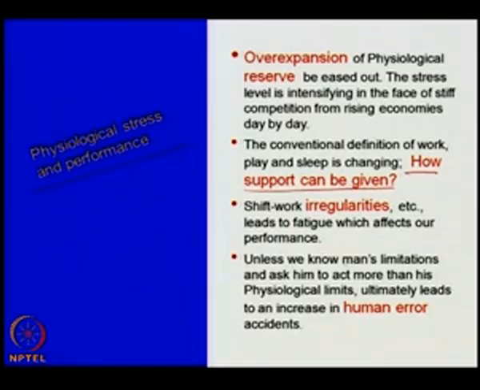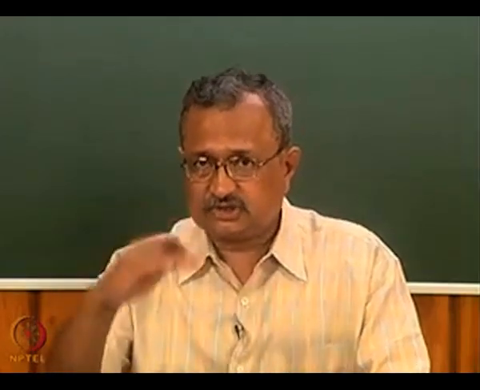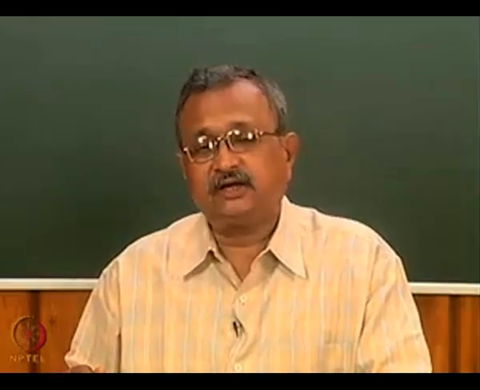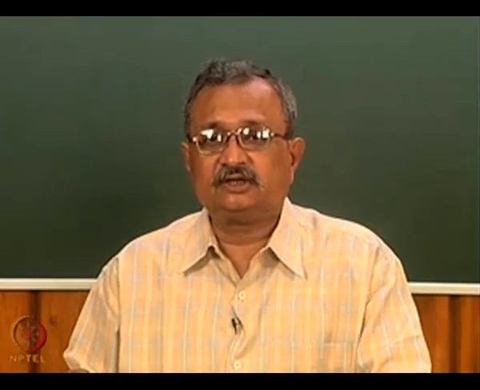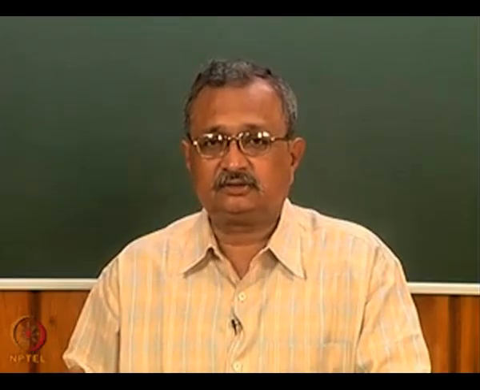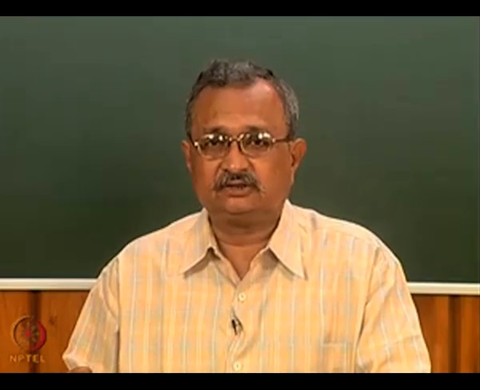Unless we know the man's limitations, asking him to act beyond his physiological limits ultimately leads to an increase of human error and accidents. So, if we can maintain our working level within the physiological tolerance limit, then obviously the chances of human error and related accidents would be less.